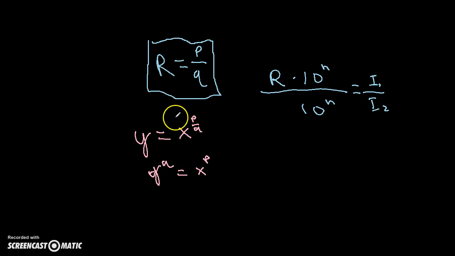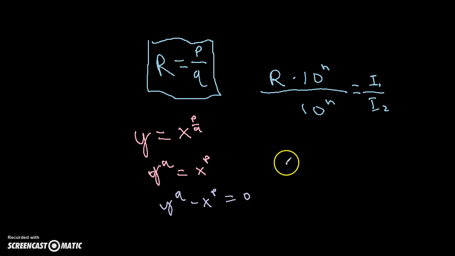Now, as you may remember from the last video, I did implicit differentiation, so we can use that here. Let's take it as y to the q minus x to the p is equal to 0. Let's take the derivative of each side.